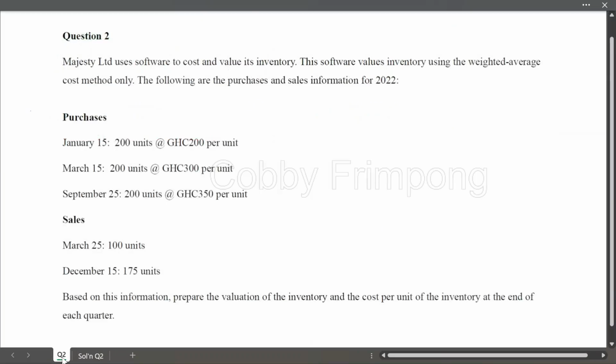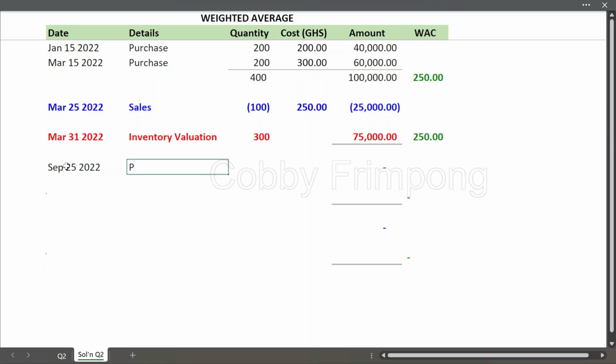Quarter 3, we have a purchase transaction of 200 units at 350 Ghana cedis per unit on September 25th. Purchase transaction of 200 units at 350 Ghana cedis per unit, giving us 70,000 Ghana cedis. There was no other transaction in quarter 3.